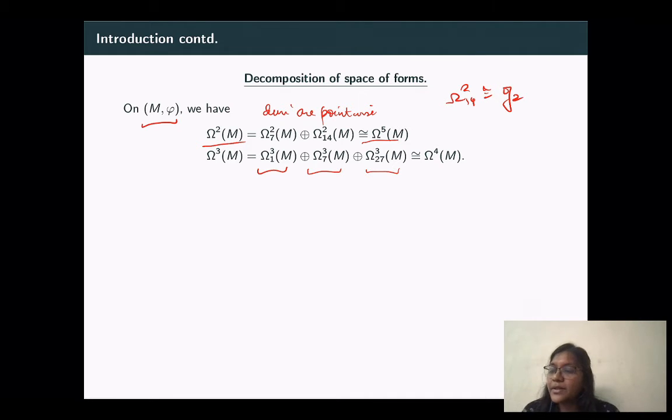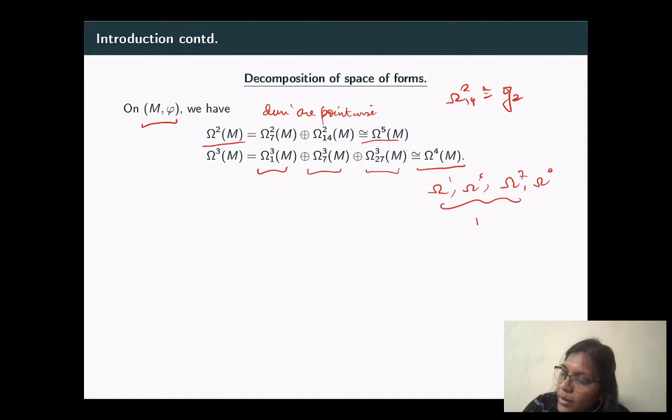So this is how any 3-form decomposes when we have this action of the Lie group G2 on a manifold with a G2 structure. And similarly we have the same kind of decomposition for 4-forms. The only forms left now are Omega^0, Omega^1, Omega^6 and Omega^7, but these are all irreducible, so there is no decomposition there.